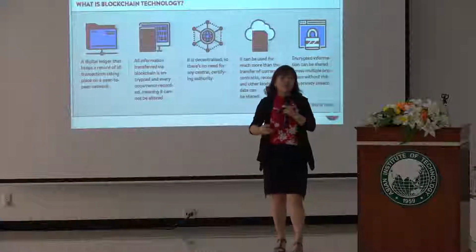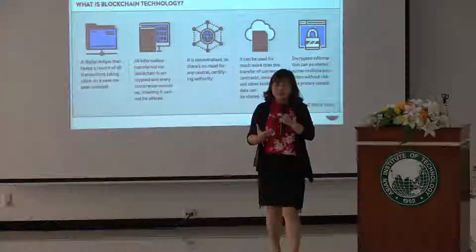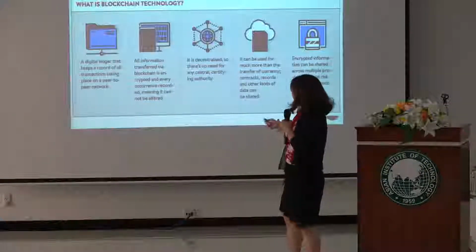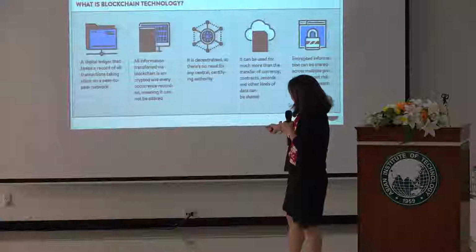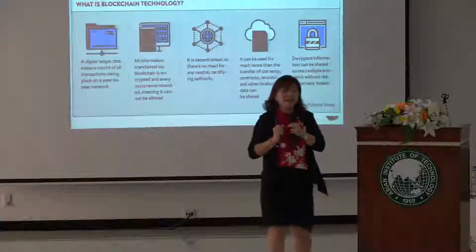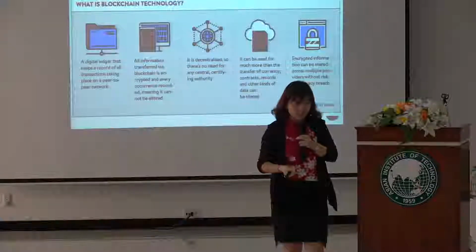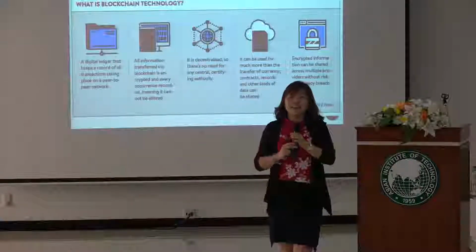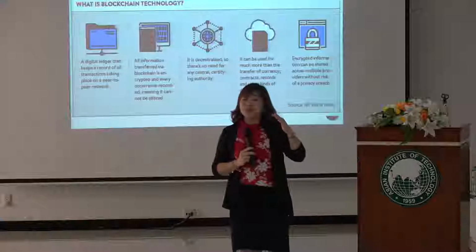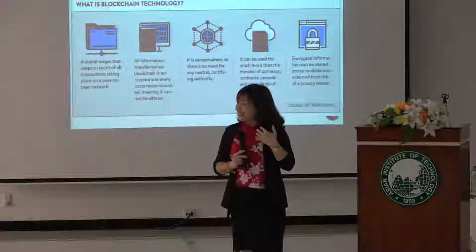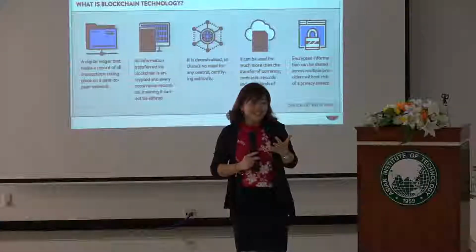So you can think that whatever data is stored in blockchain, the first thing it will make sure is that whatever has been stored there will not be changed. If it says that last year I got money from my parent, then it will be there.